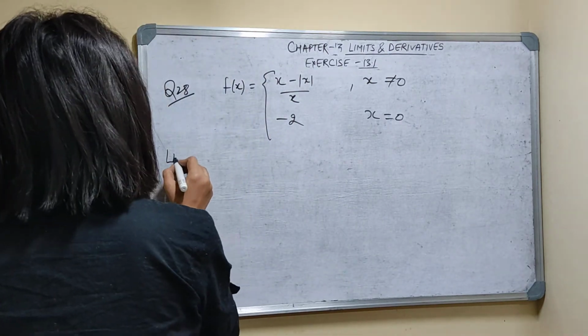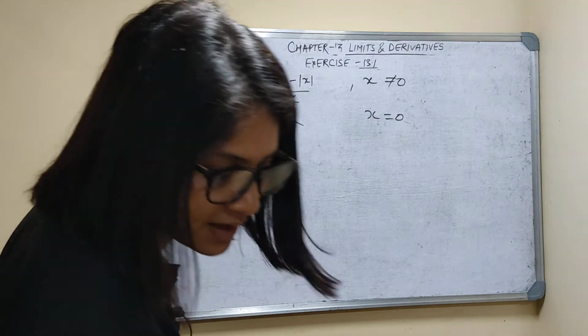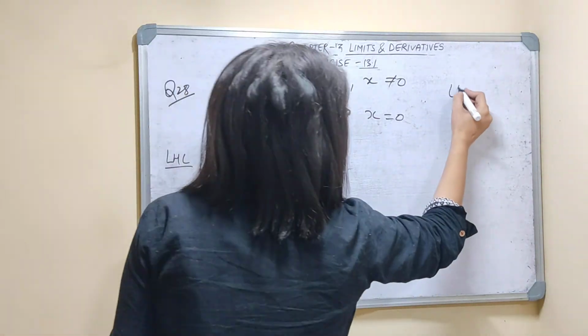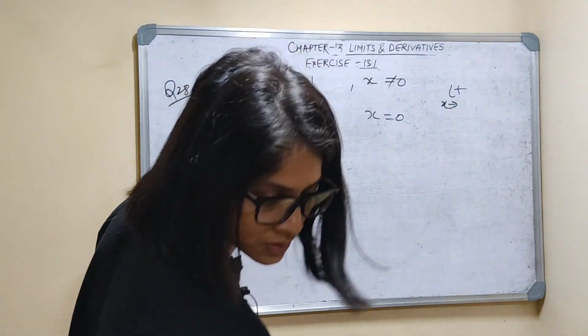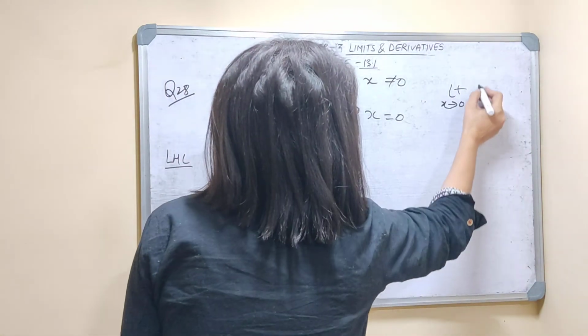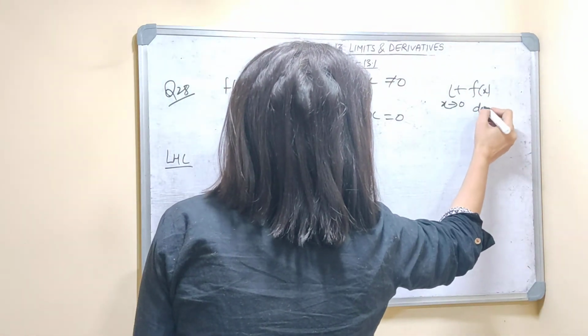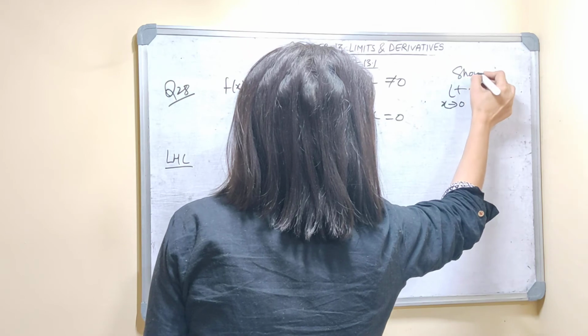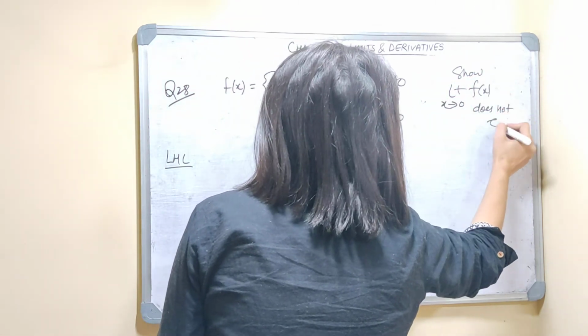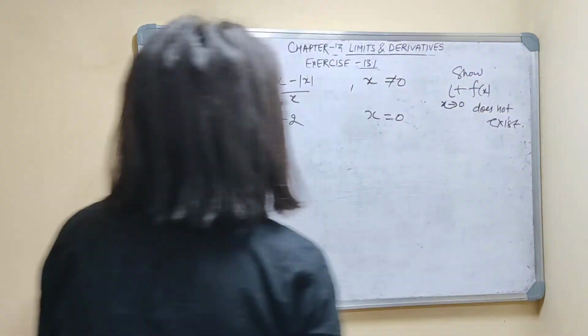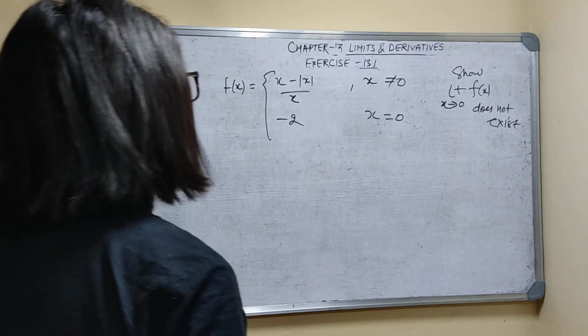So first I am doing what? Left hand limit. They are asking, show that limit of x tends to 0 f x does not exist. Show that it does not exist. X minus mod x by x.